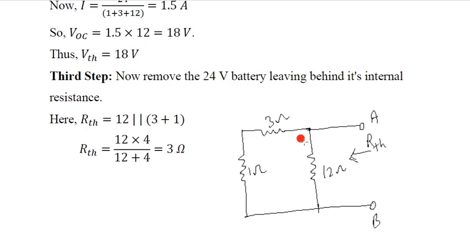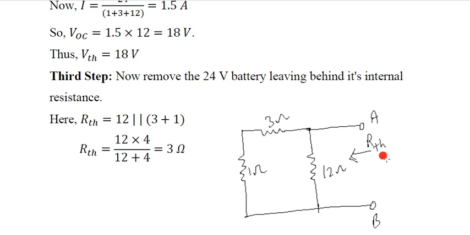Then you can see that there is a 12 ohm resistor, and there is another path. 3 ohm and 1 ohm are in series. So that's why 3 plus 1 means 4 ohm. This 4 ohm and 12 ohm are in parallel combination. So in parallel combination, RTH is equal to 12 parallel 3 plus 1.